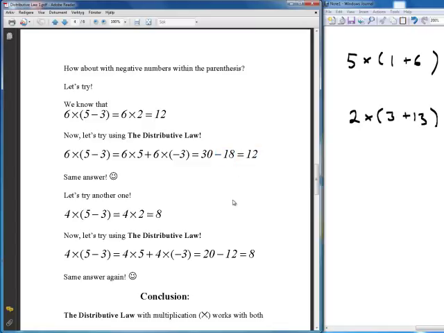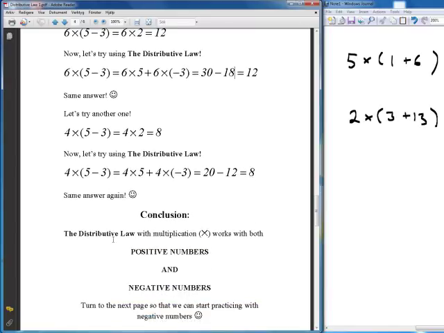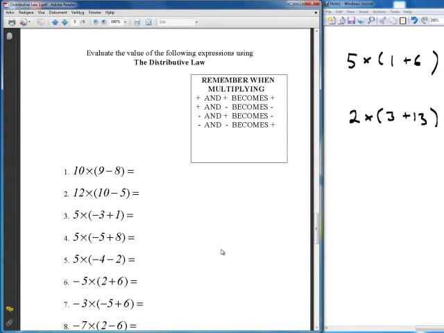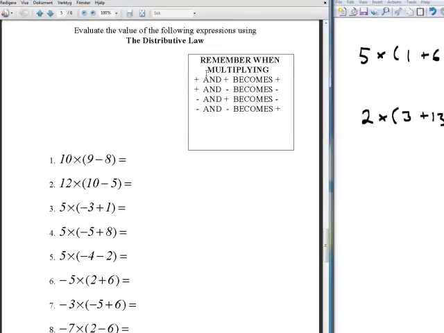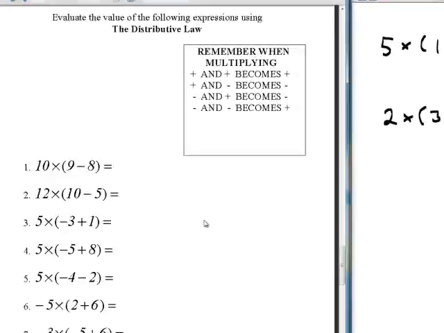Okay? So the conclusion is that the distributive law with multiplication works with both positive numbers and negative numbers. So remember, when we multiply, plus and plus becomes plus, plus and minus becomes minus, minus and plus becomes minus, minus and minus becomes plus. So let's try a couple of examples.